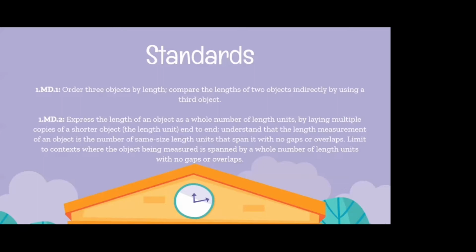All right, before we move on to our objectives, I want to talk about that. That was a mouthful, and it was a little wordy and probably a little confusing. Basically, what that second one was saying was we're going to measure objects without having gaps in between our centimeter cubes or overlapping them, making sure that they are counted as whole numbers.